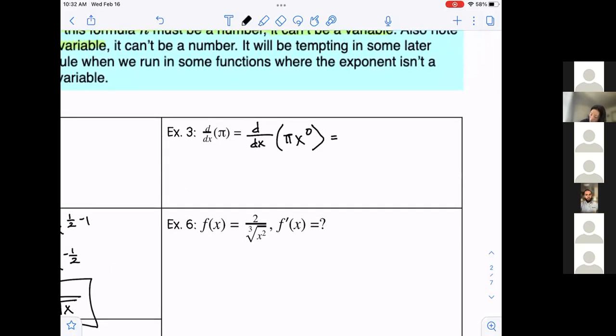Okay, I say almost, because we still have this pi here. We only want to use the power rule on this part. So 0, x to the 0 minus 1. Equals, let's see, pi times 0 times anything is 0, which gives us 0.